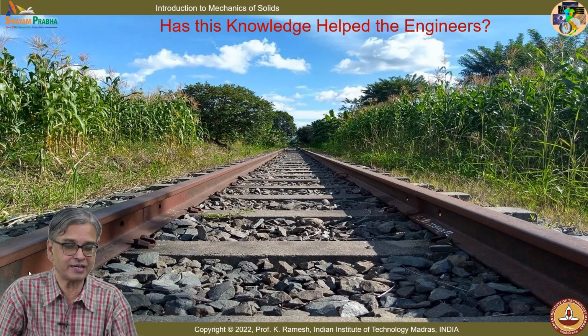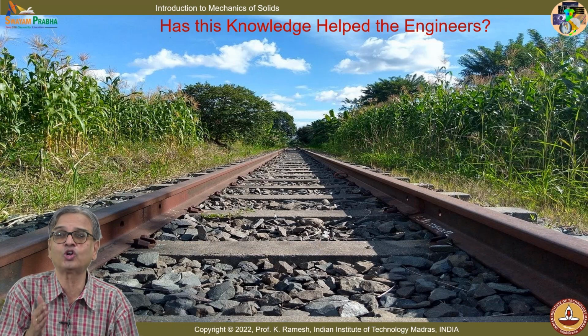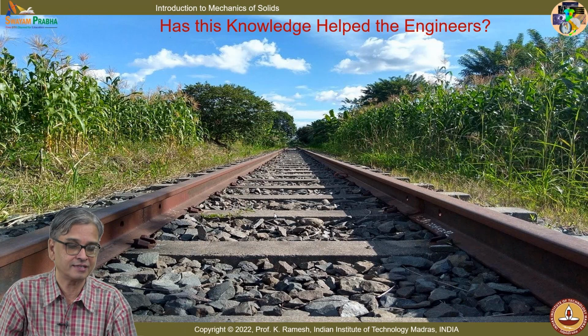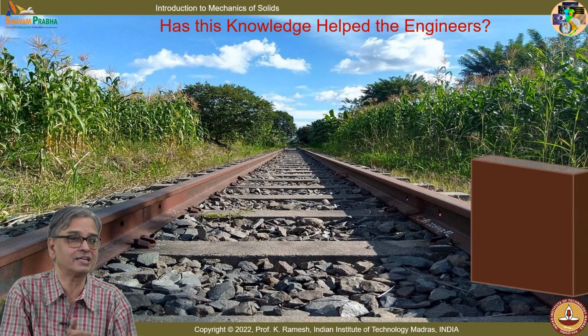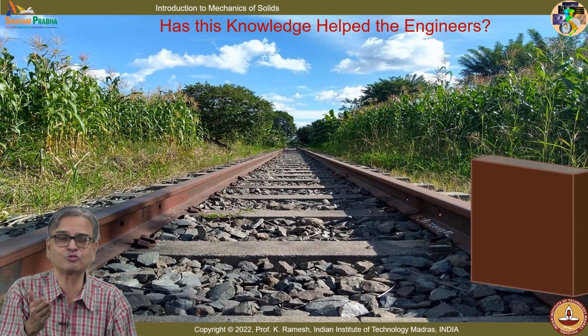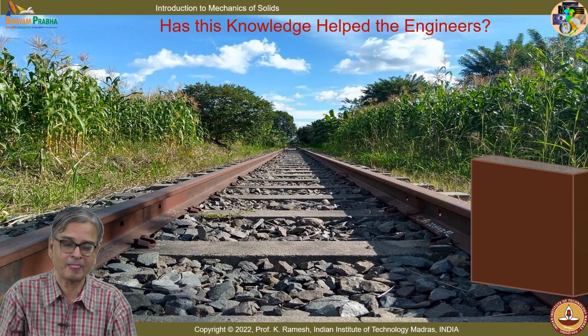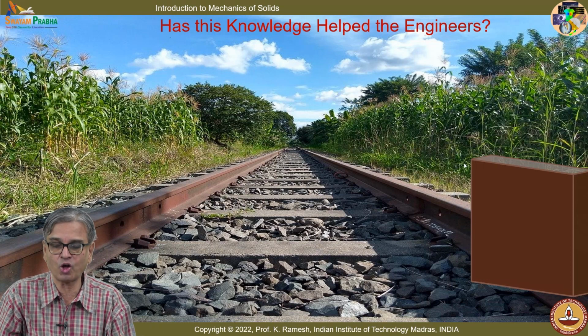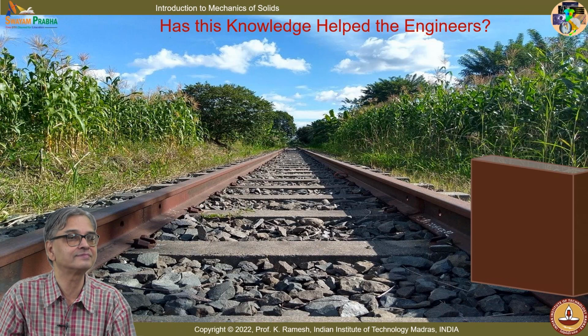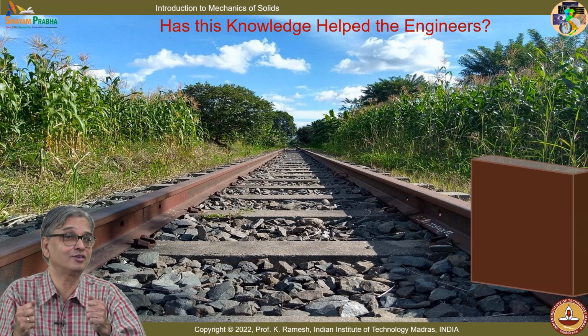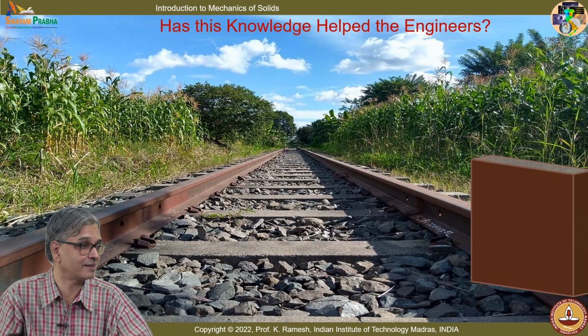Now, you have the advantage of this knowledge. If you had no knowledge of strength of materials, you have rail lines several thousands of kilometers across the globe, you would have made it as a block like this. It would not have cavity on the sides, because you want that to be solid, it should resist and nothing should happen.